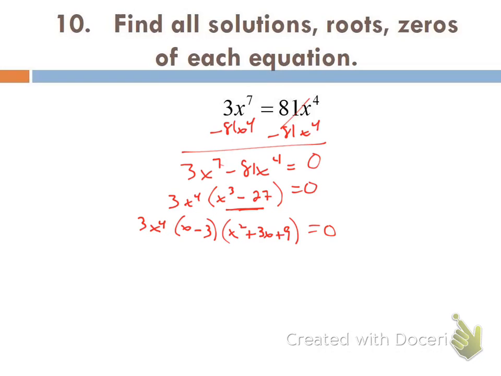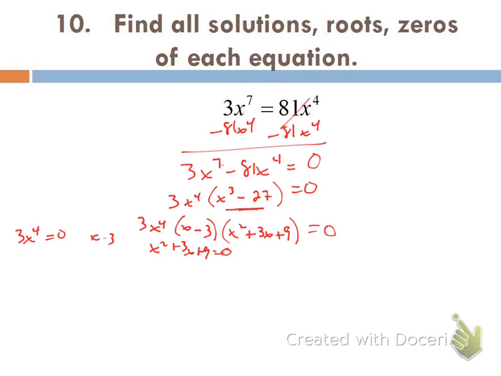Same, opposite, always positive from the signs from what we were factoring down before. Remember that this trinomial will not factor down, so we're ready to go ahead and set all of our factors equal to 0. So 3x to the 4th, then x minus 3, then x squared plus 3x plus 9.